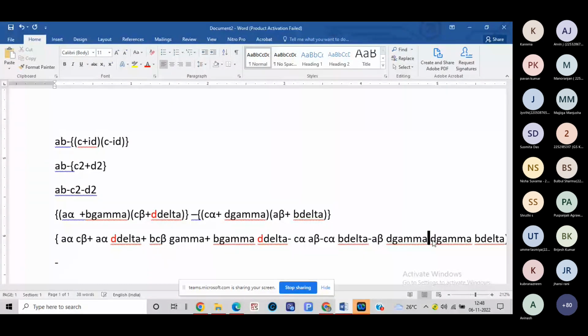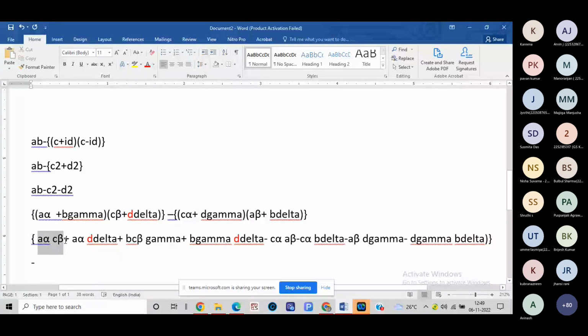Clear. Now plus and minus cancel together. What terms can be cancelled? This A alpha C beta and this A alpha C beta. Can I cancel together? Yeah, cancel. Can I remove from that bracket? Yes, ma'am. Next, which term can I do?